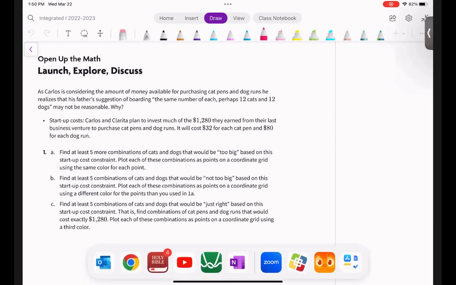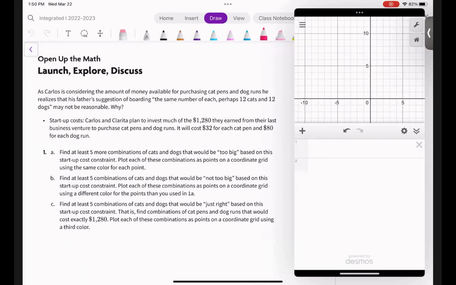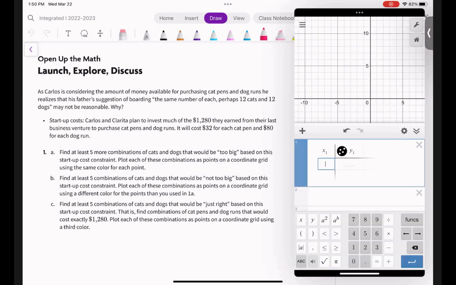I wanted my Desmos. There you go. What do you guys think? So for sure they said 12 and 12 don't work, right?